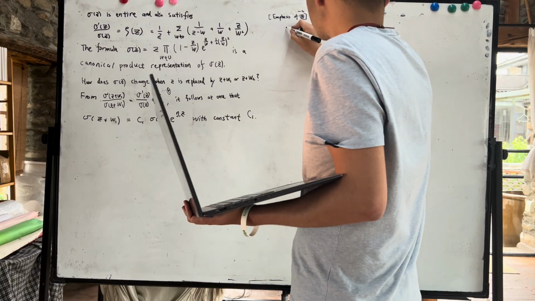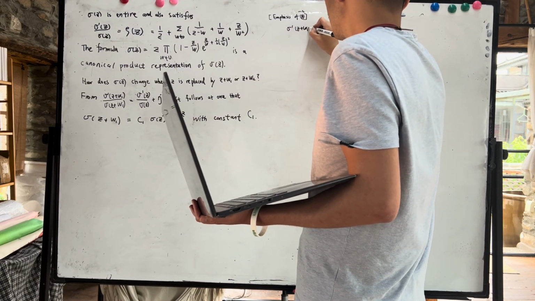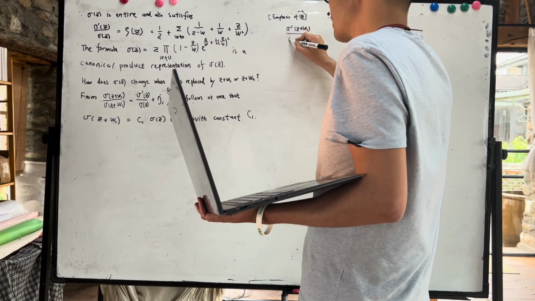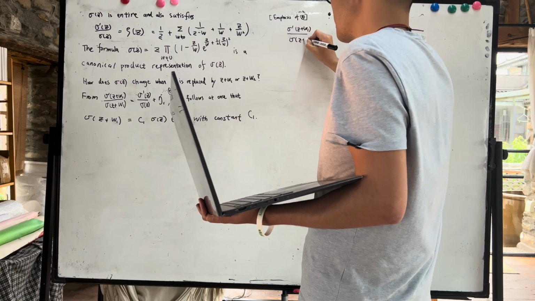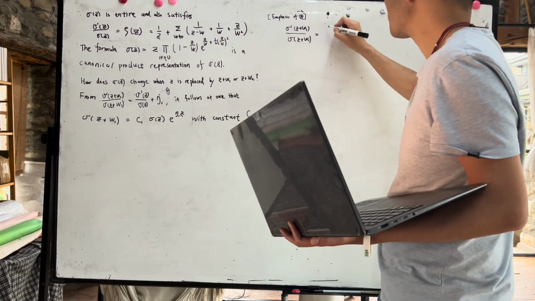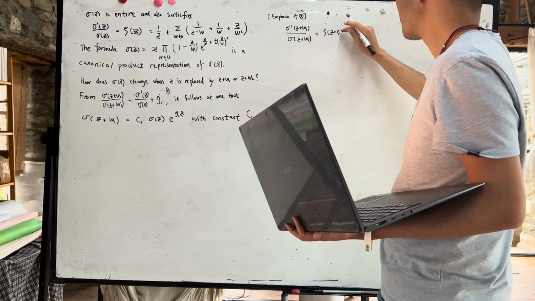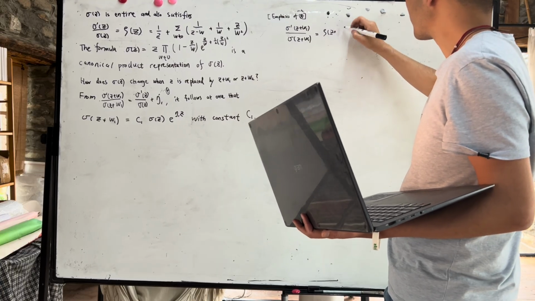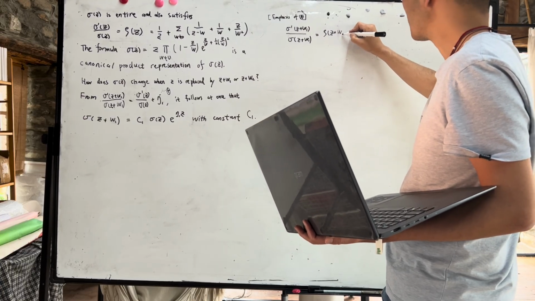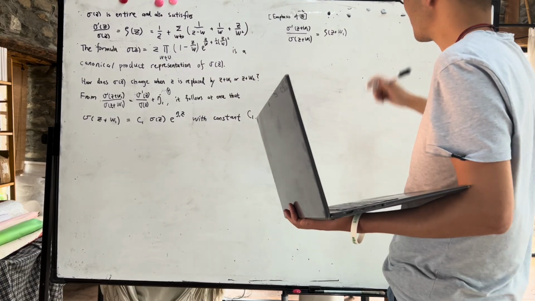Because sigma prime of z plus omega 1 over sigma of z plus omega 1, right, is equal to zeta of z plus omega 1, or w1, sorry, I used to call it omega, but I started to call it w right now.